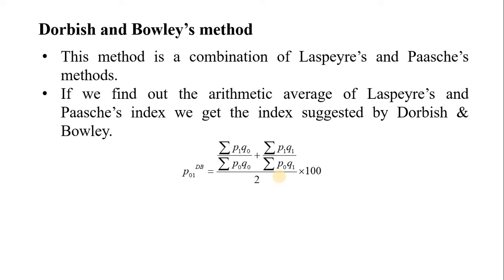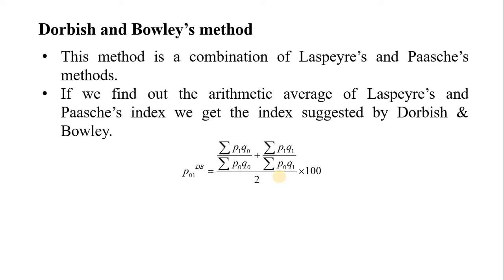Okay, so how have they combined the Laspeyres and Paasche methods? Using the arithmetic average. They added the Laspeyres method to the Paasche method and divided by 2. What is this 2? 2 is the number of observations.